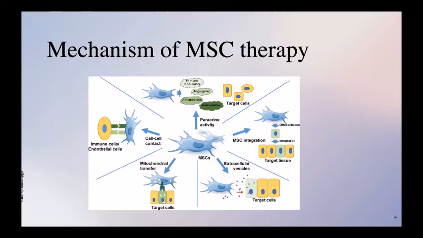Paracrine, as mentioned before, secretes a variety of soluble factors to exert immunomodulatory, angiogenic, anti-apoptotic, and antioxidative effects. Thus, cell-to-cell contact enables mesenchymal stem cells to modulate their immunosuppressive effect and promote cell viability. In this case, immune cells and endothelial cells interaction.